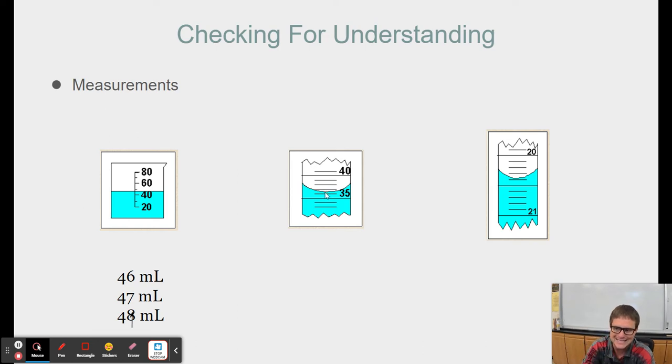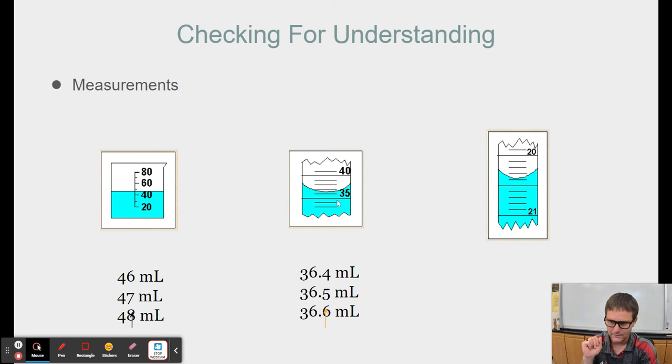We call that the meniscus. You always look at the bottom of the meniscus. So I'm going to say it's 36.5, maybe 36.4, maybe 36.6. This reading allows me to go to the nearest tenth, whereas the beaker only allowed me to go to the nearest whole place, the ones place.